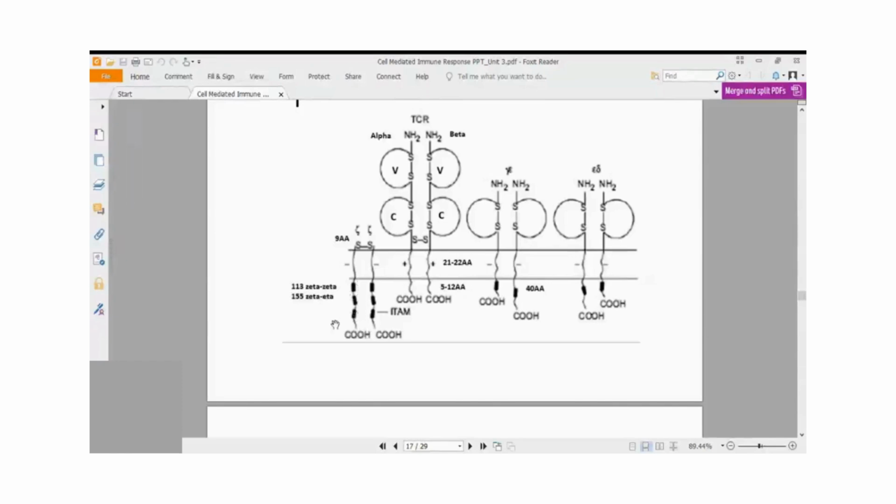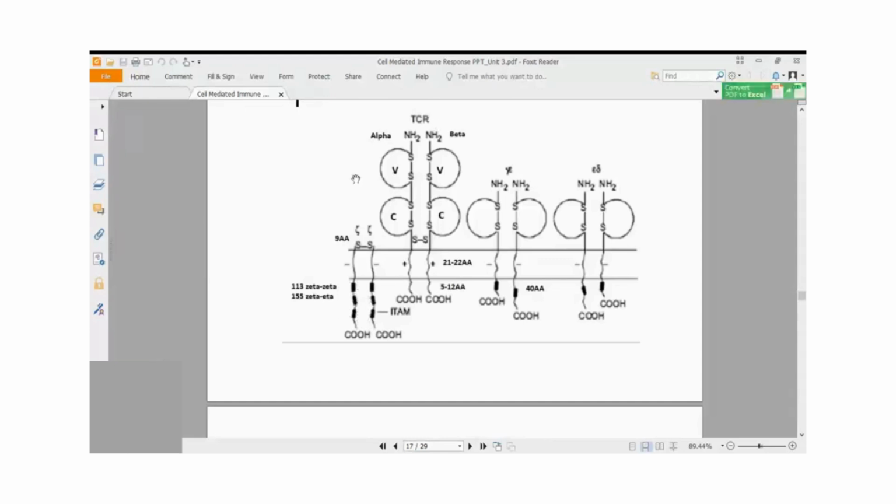And if it is zeta eta, 155 amino acids are present. And it has got 3 ITAM molecules. Just now I mentioned the function of the ITAM, that is the tyrosine based activator motif. There are 3 tyrosine based activator motifs associated with the intracellular cytoplasmic domain of the zeta zeta or zeta eta. And that is also involved in the signal transduction.